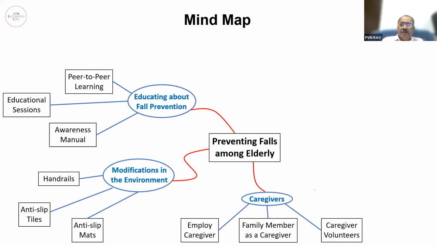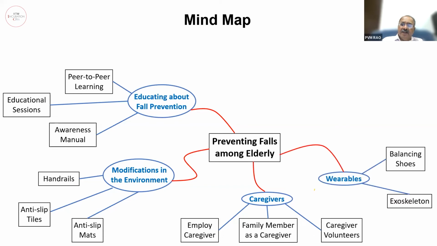Another direction, which somebody mentioned in the very first solution, is that you should employ a caregiver to take care of this. That means there is somebody who is always with the person. It can be that you employ a caregiver, or a family member acts as a caregiver, or you run a caregiver volunteering service, all of which are possible directions of solutions.